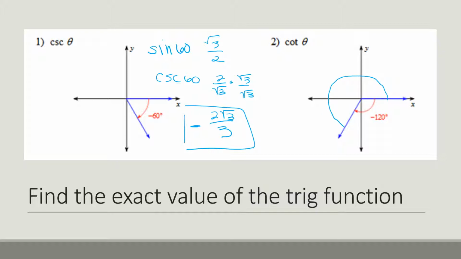Cotangent, all the way around here, if this is negative 120, this is 90, this will be 30 degrees there. So my reference angle here is going to be 60 degrees again. Okay. So for cotangent at 60 degrees, the tangent at 60 degrees is root 3.